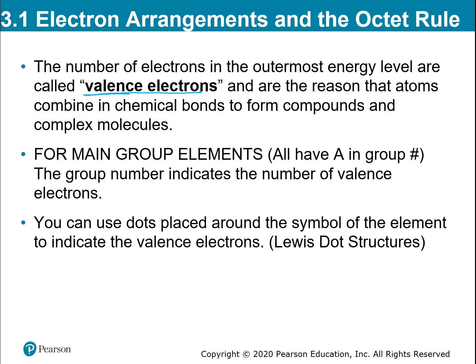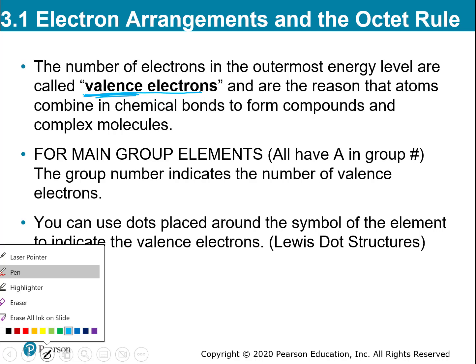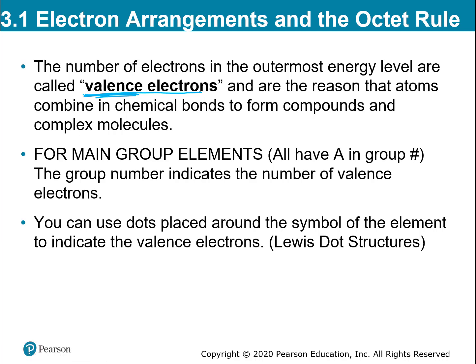The term valence is really just referring to the electron number in the outer energy level. And like I said, you can always figure this just by looking at the number in front of the capital A on the periodic table.